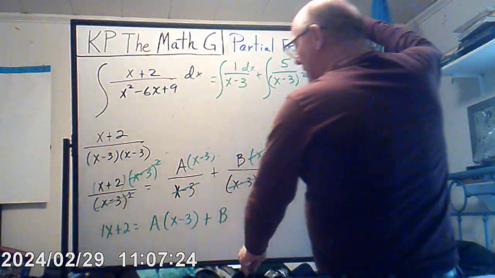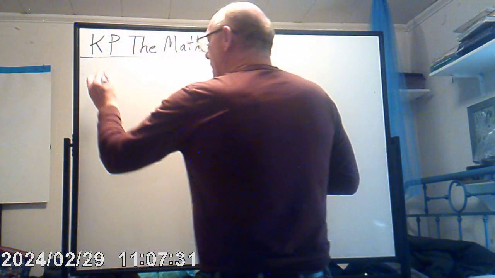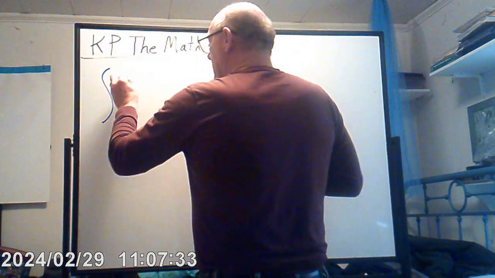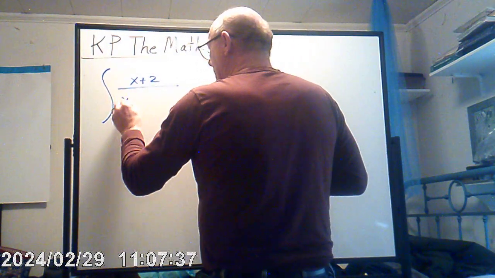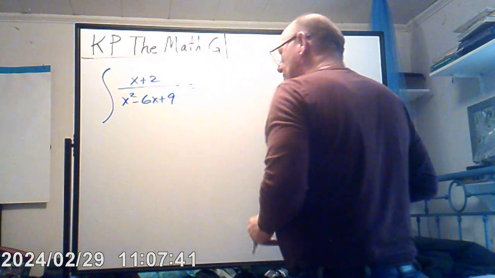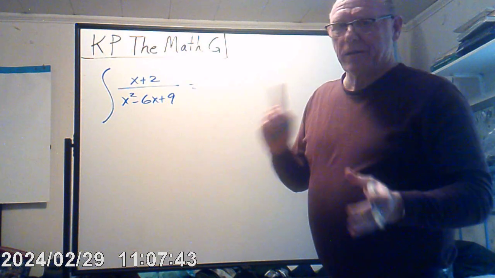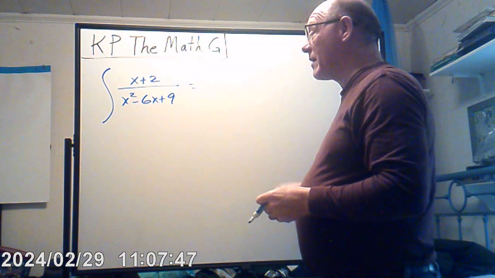So we have x plus 2 over x squared minus 6x plus 9. Let's get a different color. We're integrating x plus 2 over x squared minus 6x plus 9. And let me show you the reason why we cannot do it any other way.